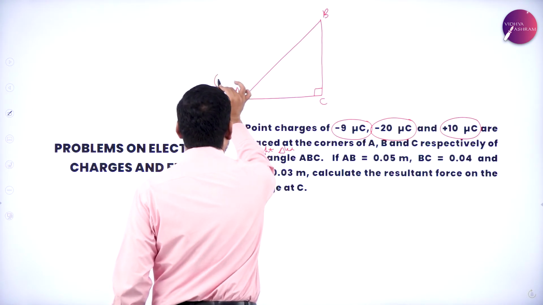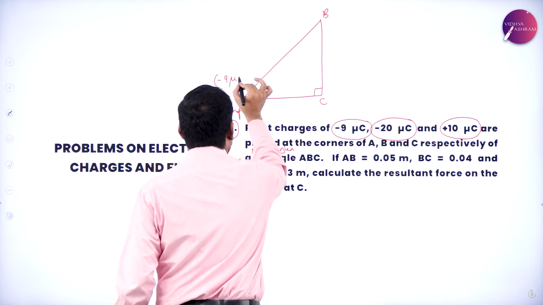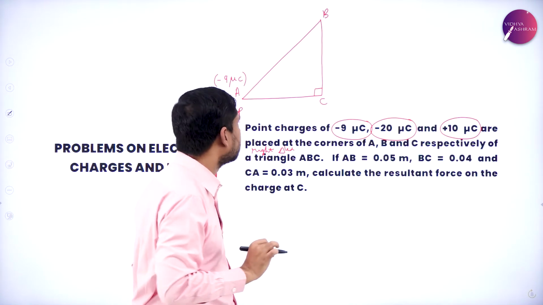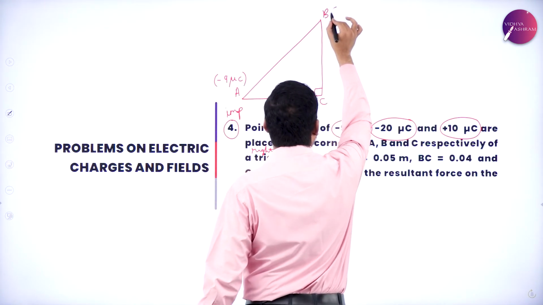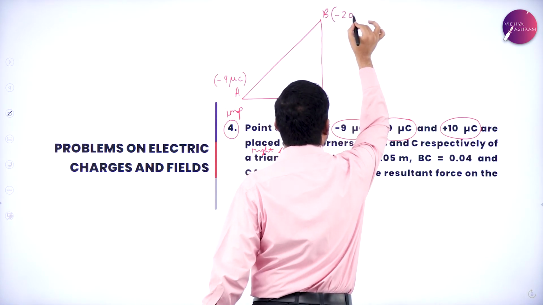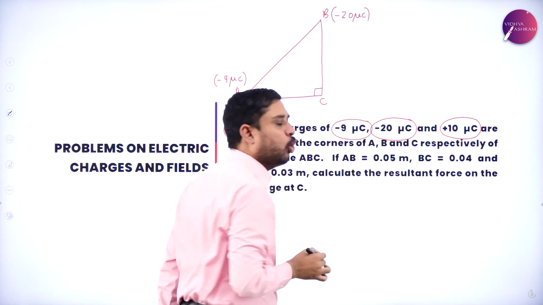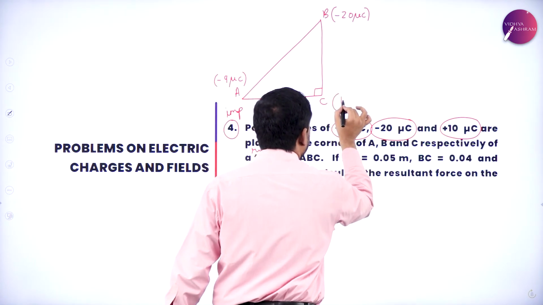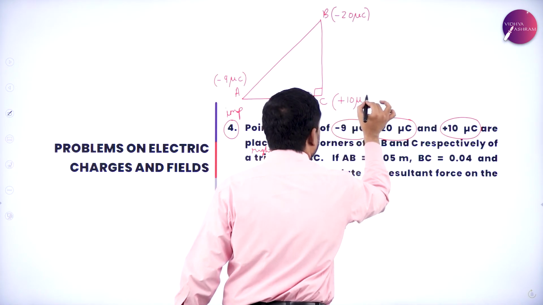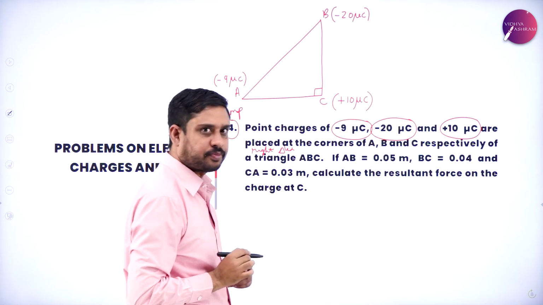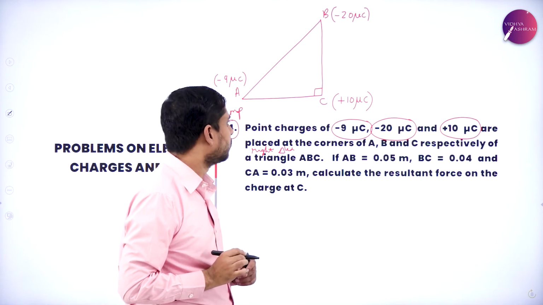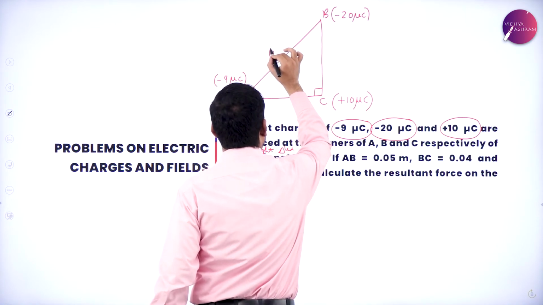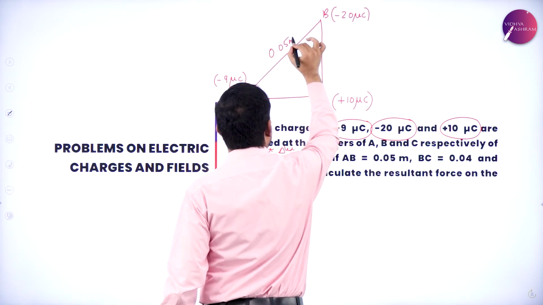At A, there is a charge of -9 microcoulomb. At B, -20 microcoulomb. At C, +10 microcoulomb. Now, AB is 0.05 meter.